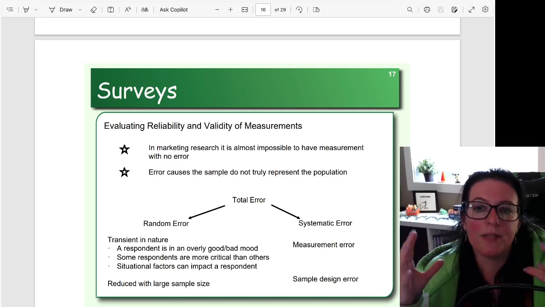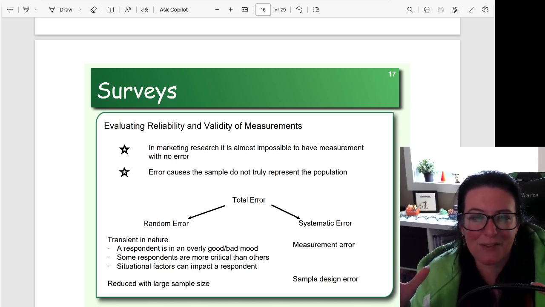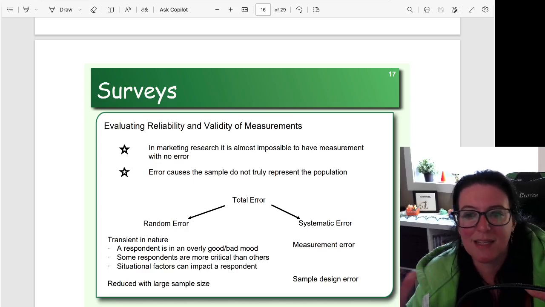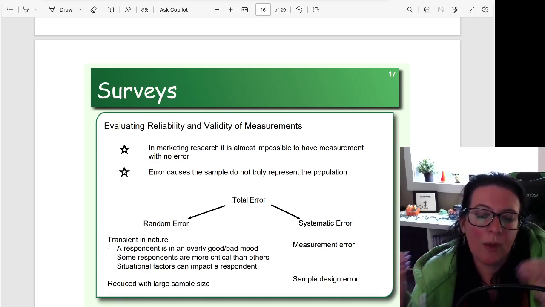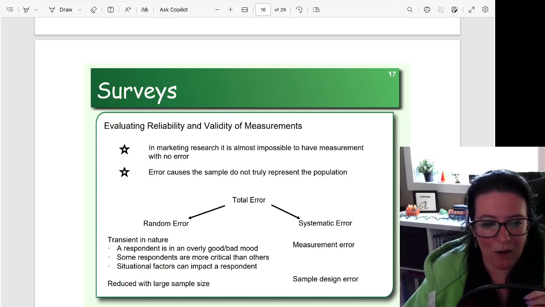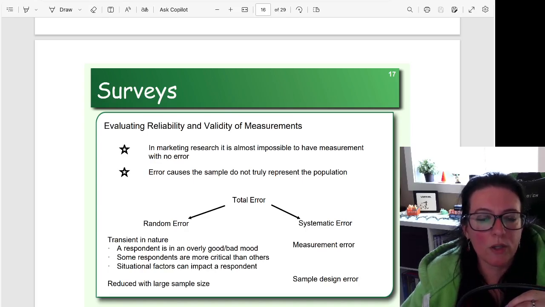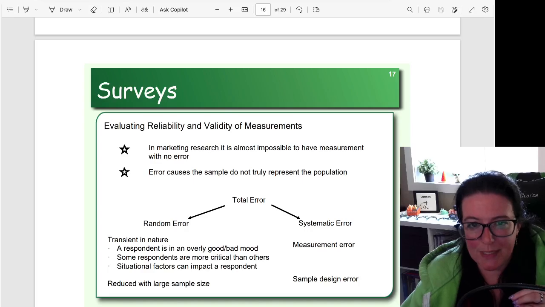Okay, we're okay with some random error, and we have a big enough sample size. We'll talk about sample size in a later video to make sure that we have dealt with that. Then we need to look at systematic error. So with systematic error, what we are looking at is either measurement error.